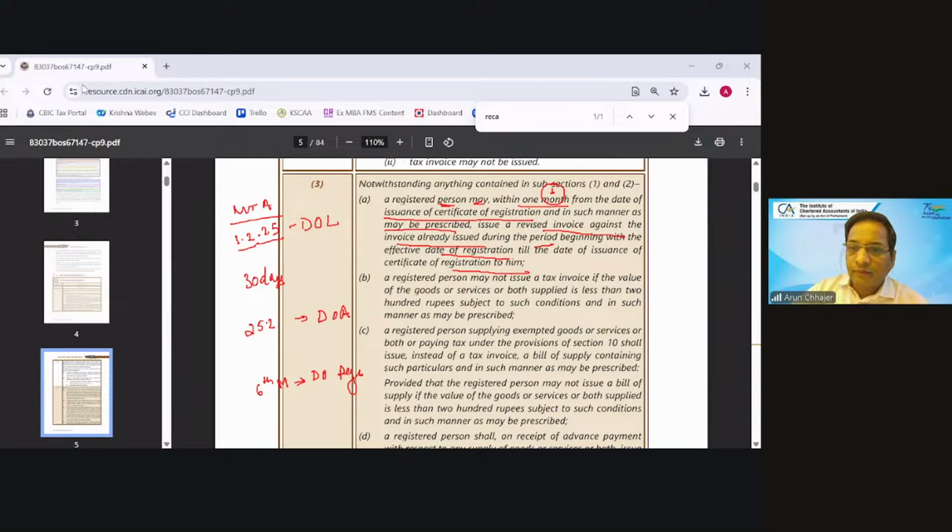The answer is 1st Feb, the day when it crossed the threshold limit or it fell under mandatory category of registration. In that case, he can issue the invoice, but will it contain the GST number of Mr. A? Answer is no.